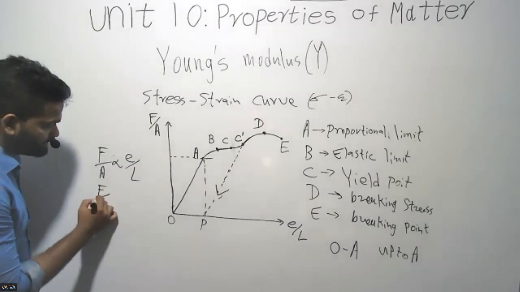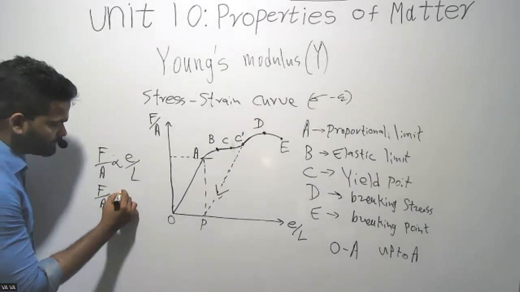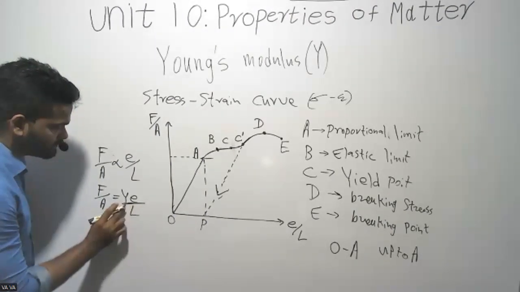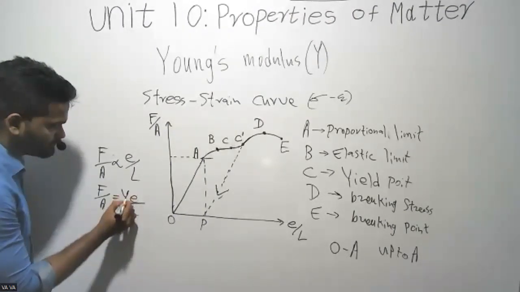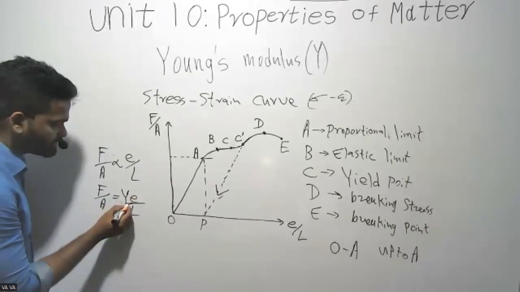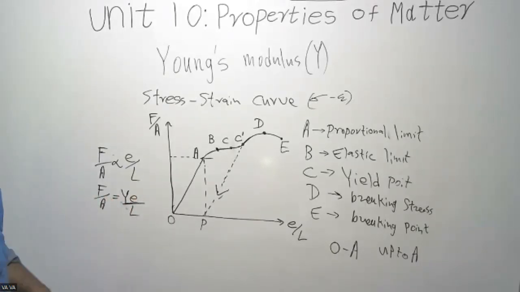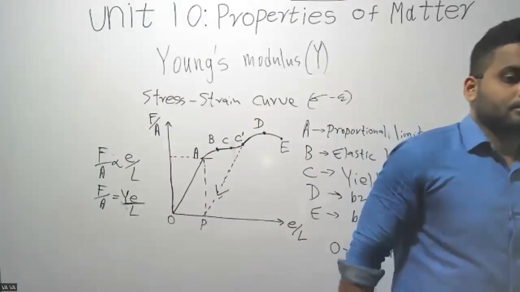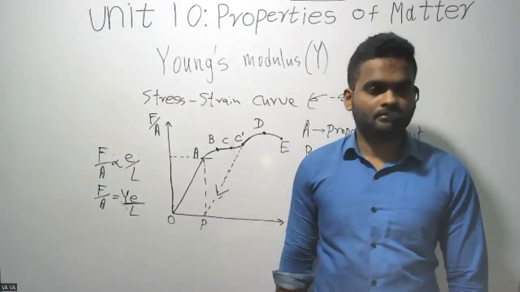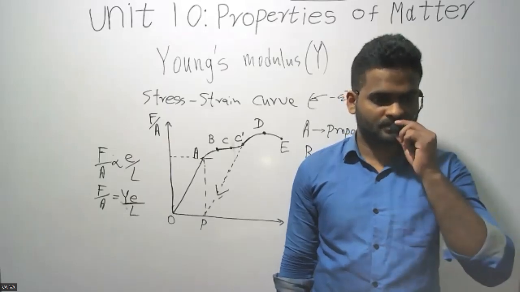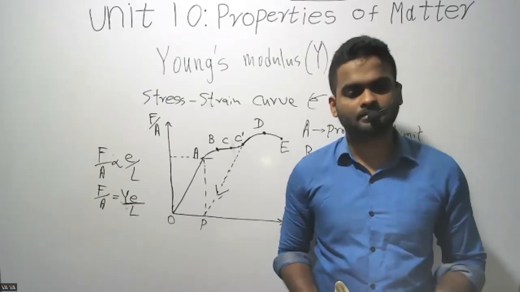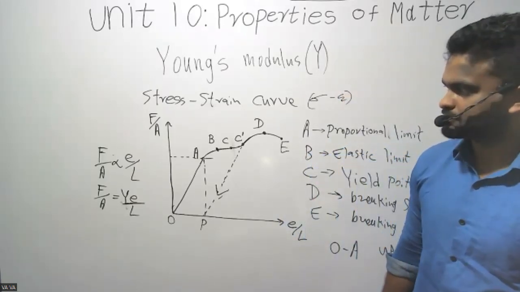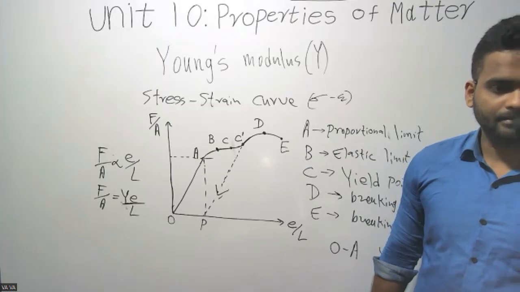Then you can write this one. F over A is equal to Y E over L. You can put a constant there and write this down. So what does this mean?